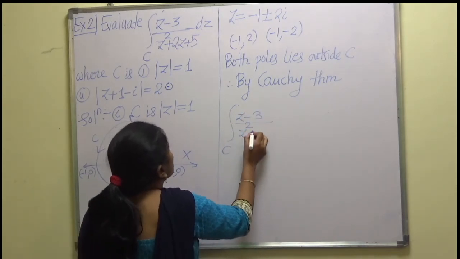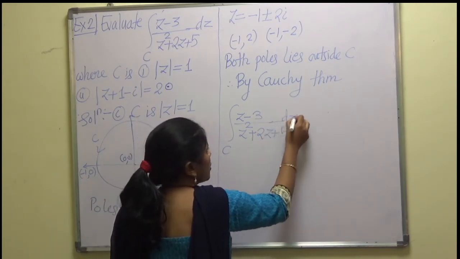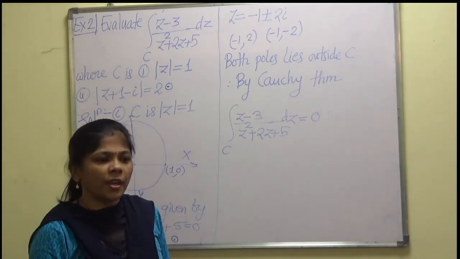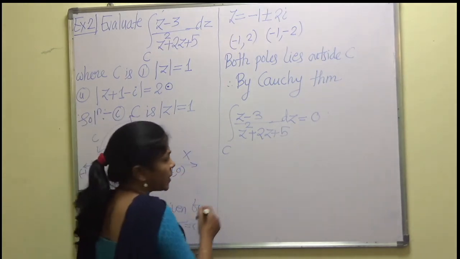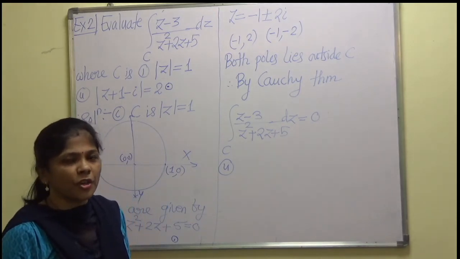So here there is no need to apply the Cauchy integral theorem or the Cauchy residue theorem. Directly, as all the poles lie outside, the value of such integrals reduces to 0. So we have not applied the Cauchy residue theorem. Let us see whether we will find the need of the Cauchy residue theorem.